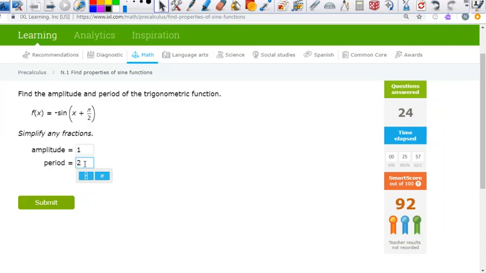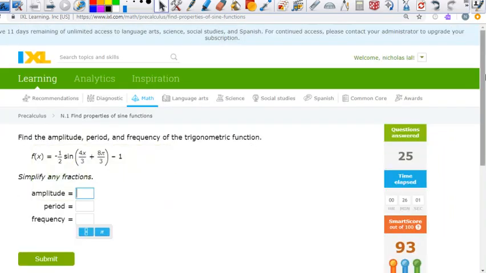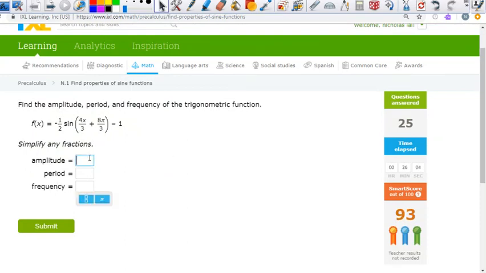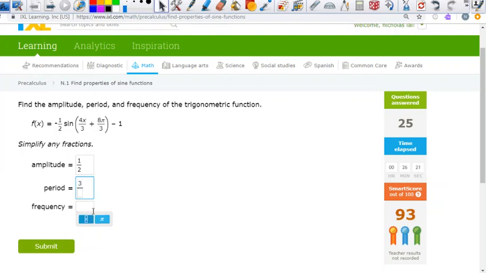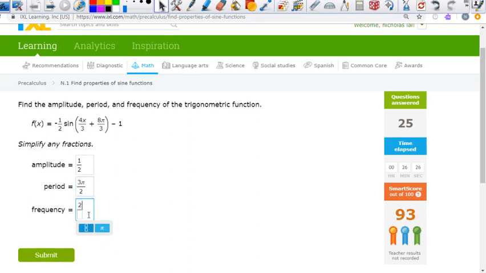The period is 2 pi. Amplitude is 1/2. Period is 2 pi divided by 4/3, is 2 pi times 3/4, which is 6 pi over 4, which is 3 pi over 2. Frequency would be 2 over 3 pi.